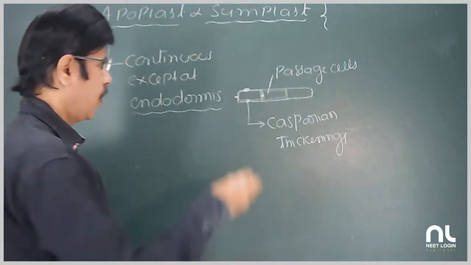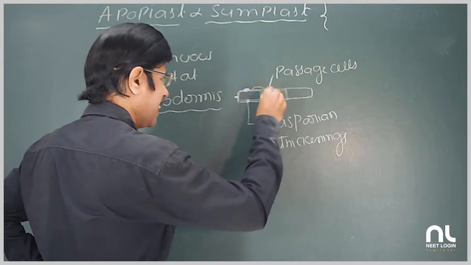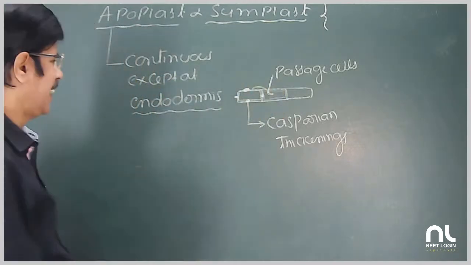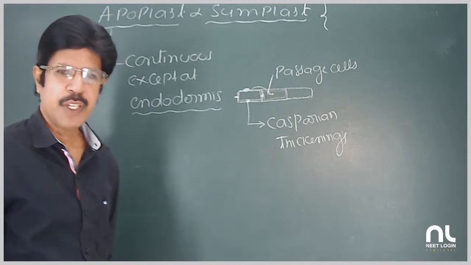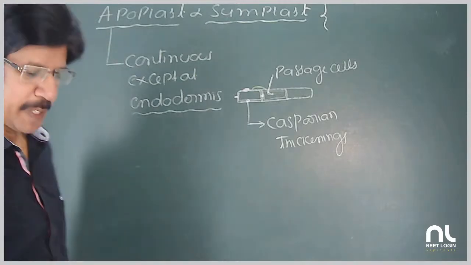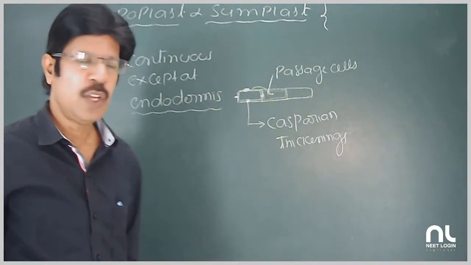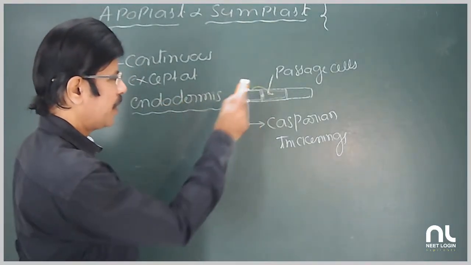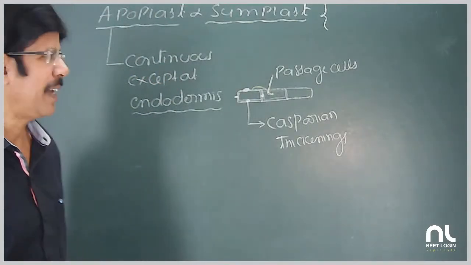So water has to cross the membrane. It has to be ultimately symplastic in the endodermis. Even though water travels by apoplast, it is ultimately symplastic in the endodermis, with water directed toward the thin-walled cells, the passage cells.